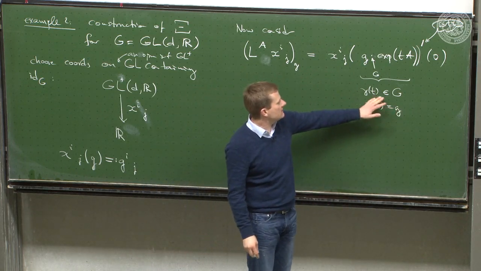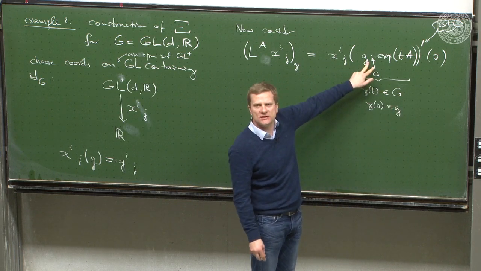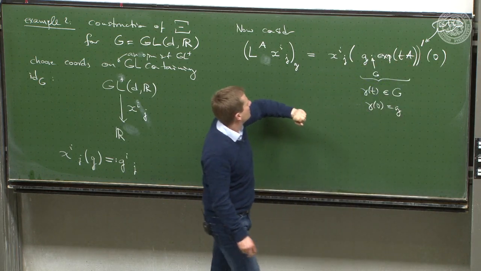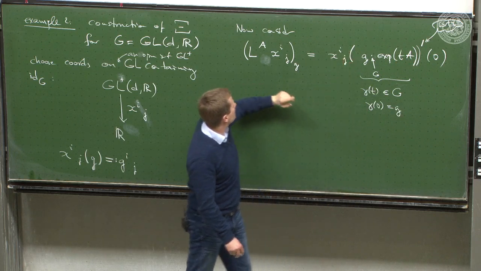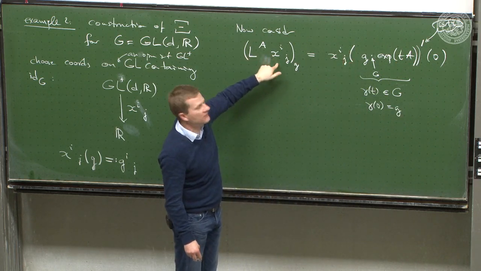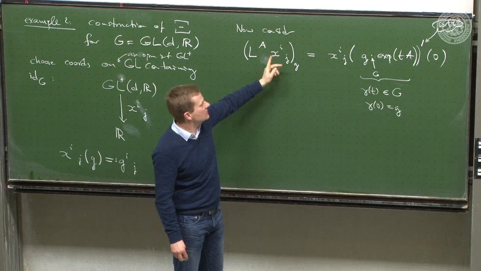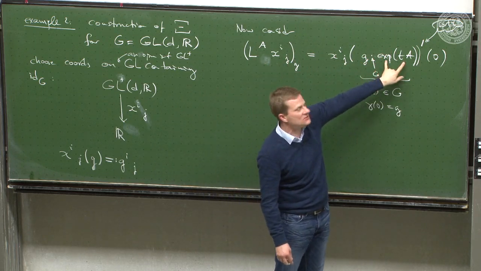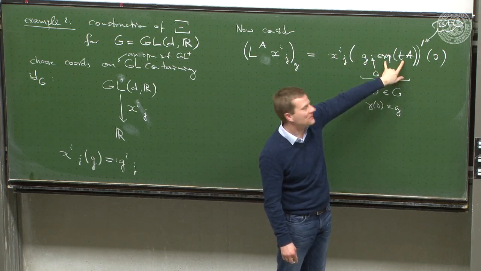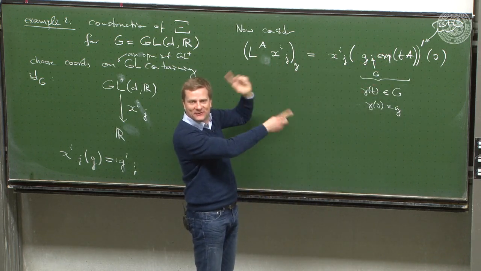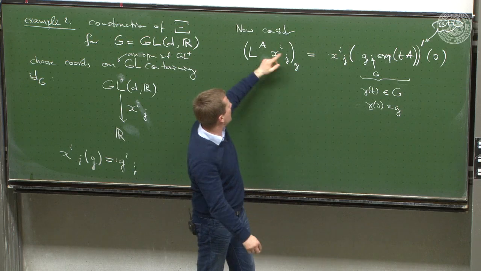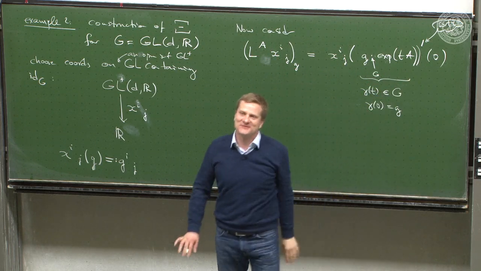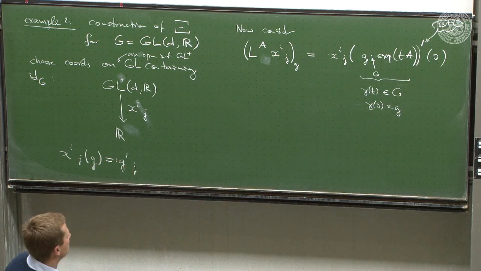This is a curve in the Lie group through the point g. Its derivative, after you applied this function, is just the application of the left invariant vector field. It uses the idea of how the left invariant vector field is generated, because the exponential map is defined as the integral curve of this left invariant vector field. So you go back and forth there, and at the same time we applied the definition of the action of a vector on a function. So there are several definitions going into this.